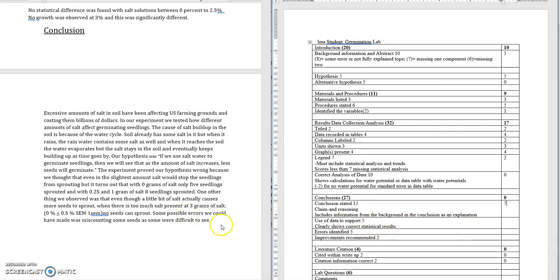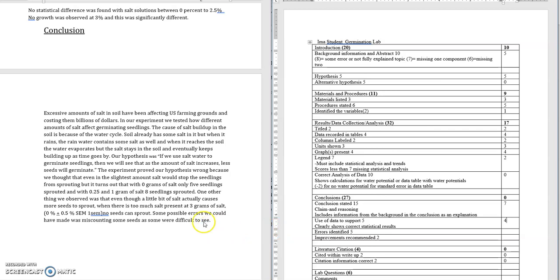They attempted to use data with some clear statistical results, so they would get 4. The clear result is here at 0%, plus or minus 0.5%. They said that in some possible errors, they could have miscounted some seeds, as some were difficult to see. Okay, that's probably not a very good error.